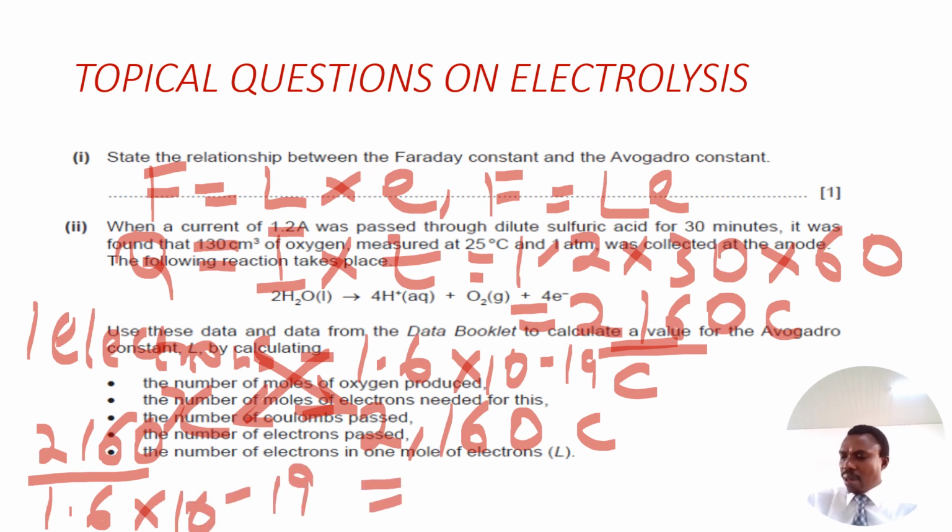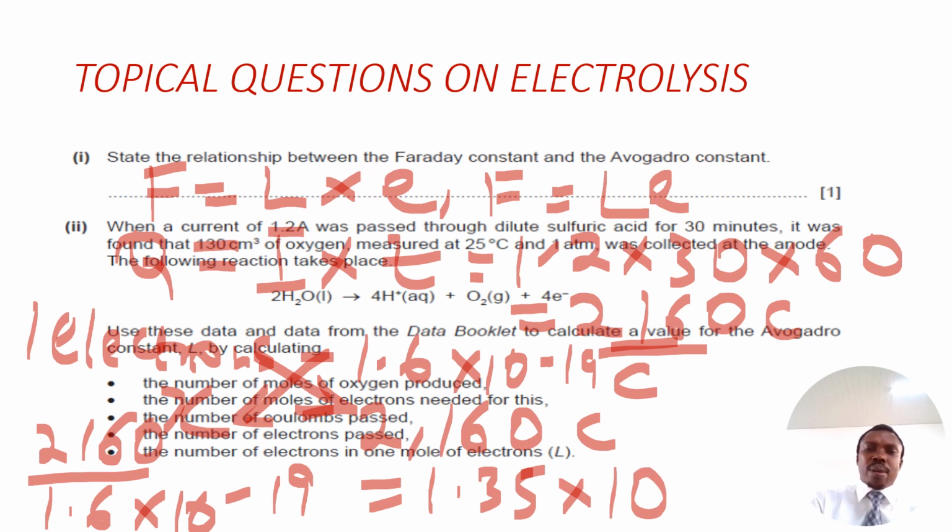So if I'm to use my calculator, I'll have divided by 1.6 times 10 raised to the power minus 19, which will now be equal to 1.35 times 10 raised to the power 22. That's 10 raised to the power 22.